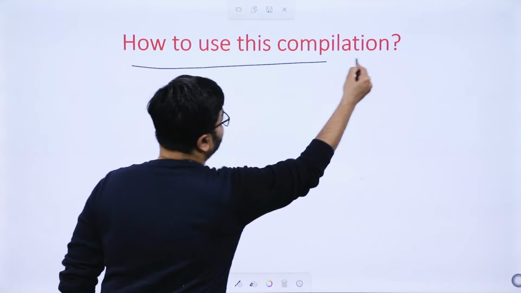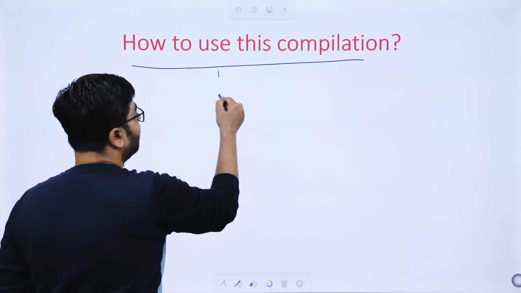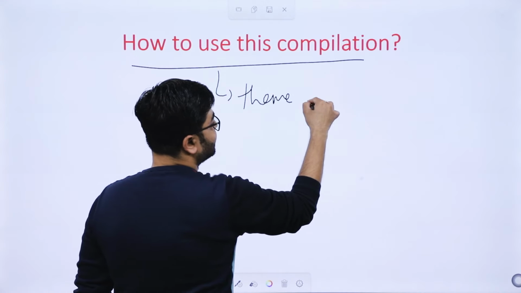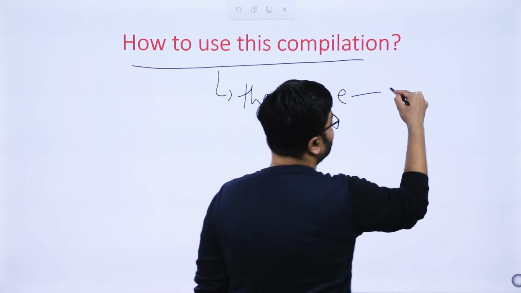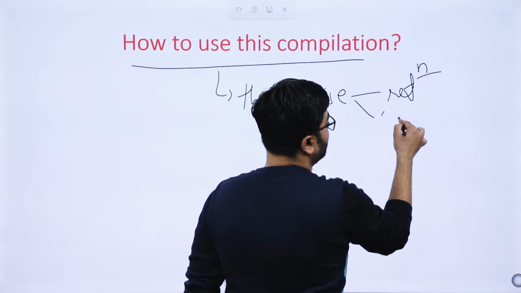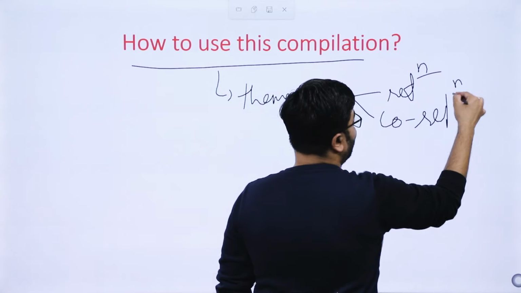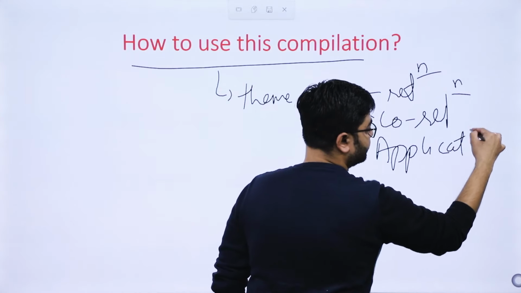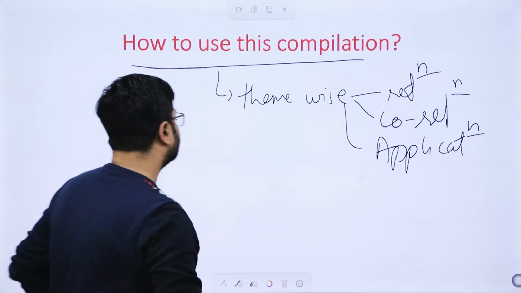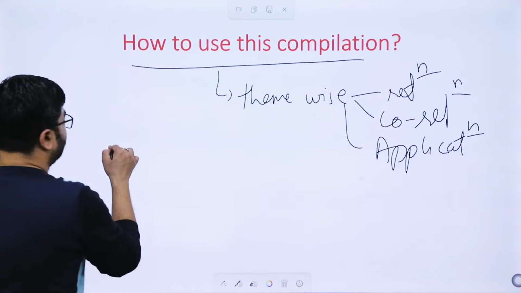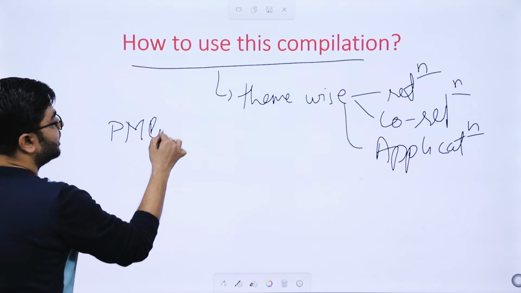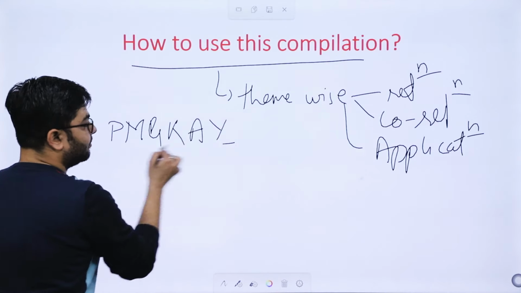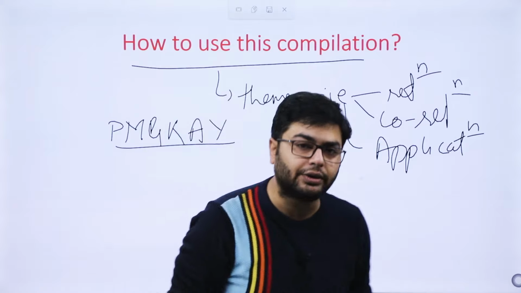Whenever you are planning to use this compilation, always go theme wise, because it helps in better retention, correlation, and simplifies the application. For example, there might be a policy, Pradhan Mantri Garib Kalyan Anna Yojana. The full form should be known.